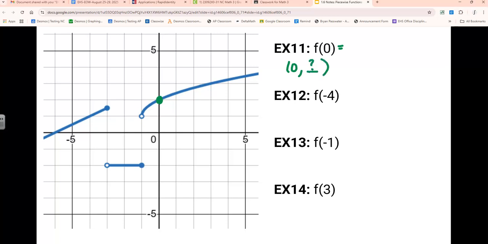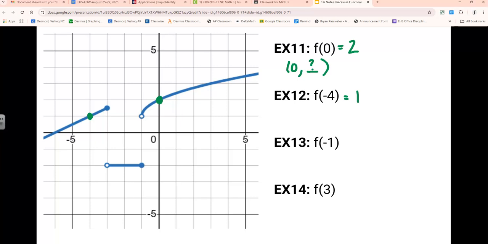What is that y coordinate there? 2. So 2 would be your answer for that. Okay. Cannon, what about f of -4? That'd be 1. Very good. We're looking at this point right here. Its y coordinate is 1.